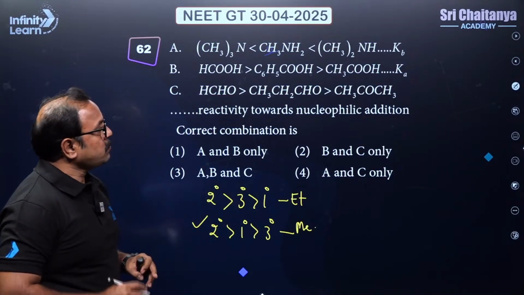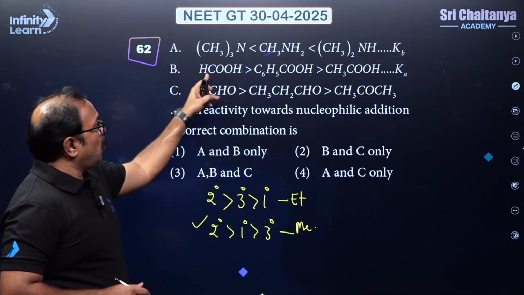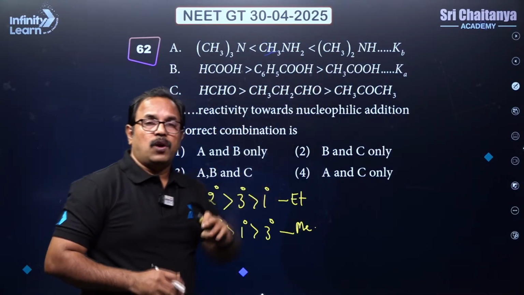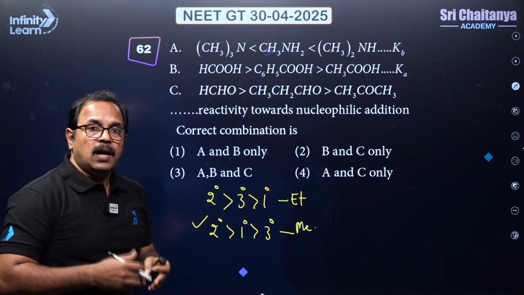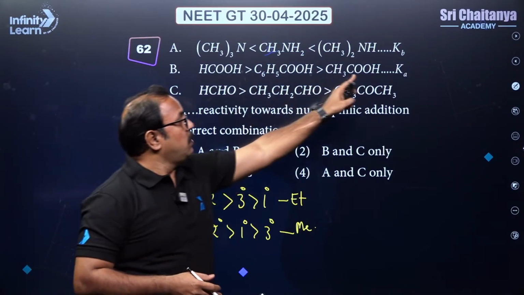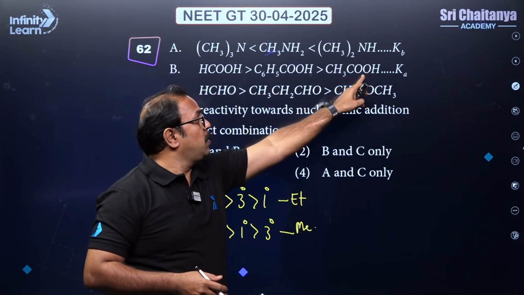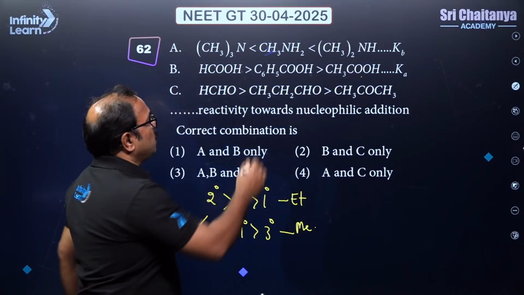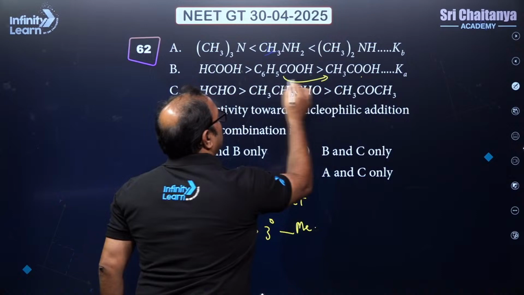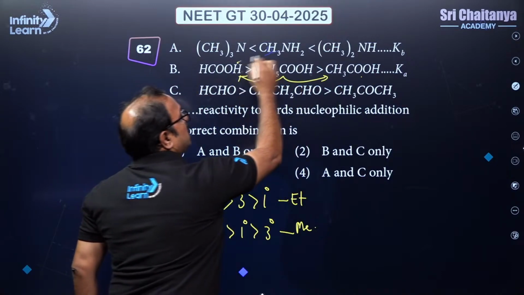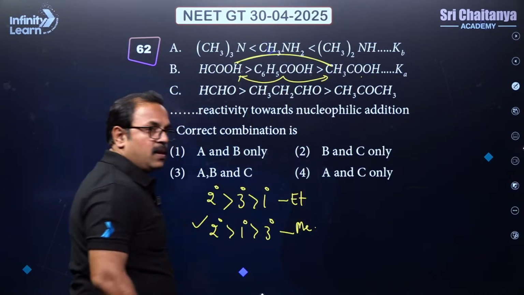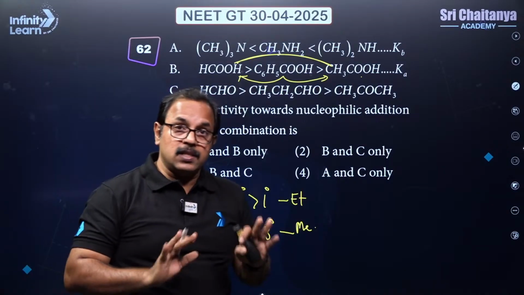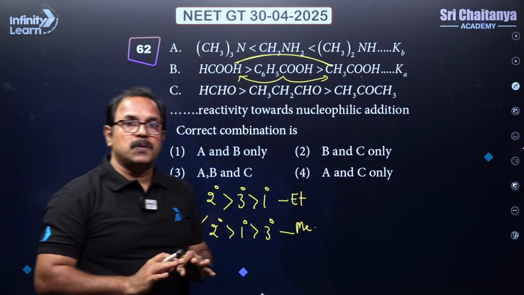Coming to the Ka value, formic acid and acetic acid. Formic acid has the higher value, because in acetic acid the plus I effect of CH3 will decrease the stability of the carboxylate ion. And benzoic acid, of course, this comparison is purely with respect to the Ka values, but these two can be compared very easily among the monocarboxylic acids, unsubstituted forms, simple monocarboxylic acids.